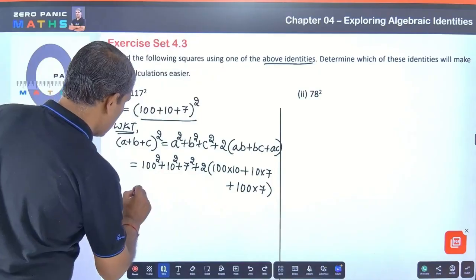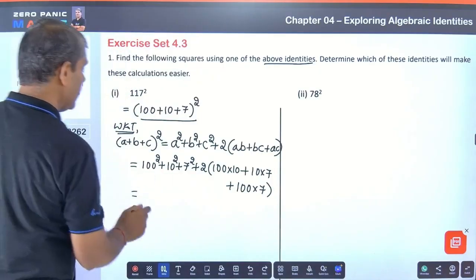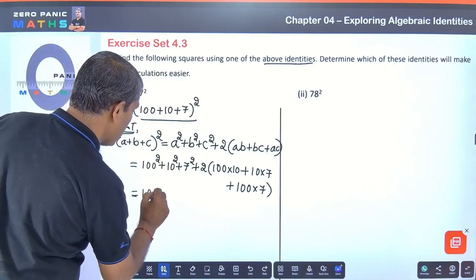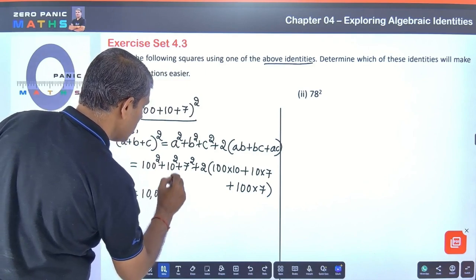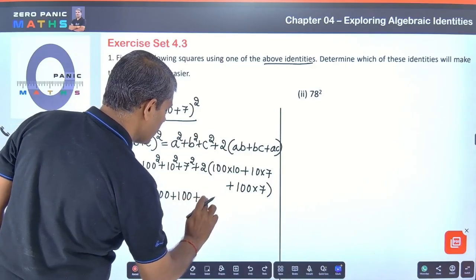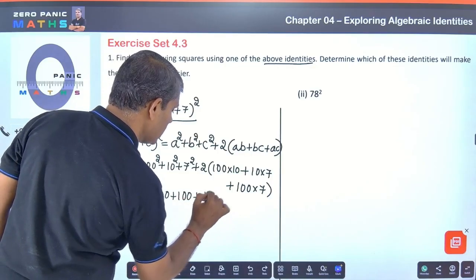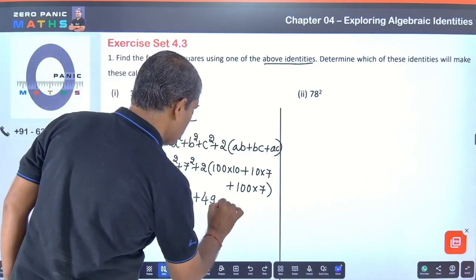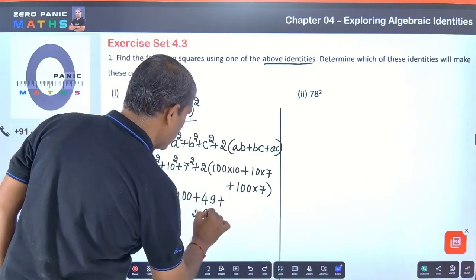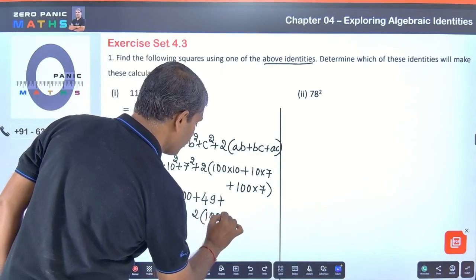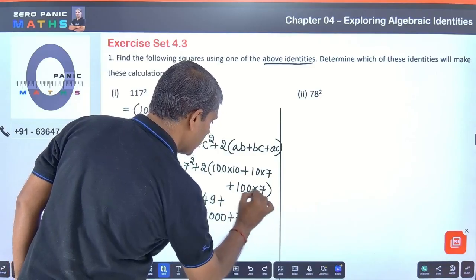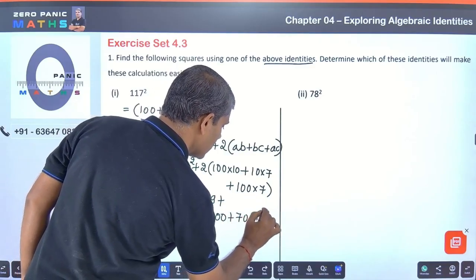Now just go on calculating the exact values of the squares. 100 square is 1 followed by 4 zeros, that is 10,000. 10 square is 100, we know that. 7 square is 49, we can directly write it. And then finally 2 times of 100 into 10, that is 1000, and 10 into 7, that is 70, and 100 into 7 is 700.